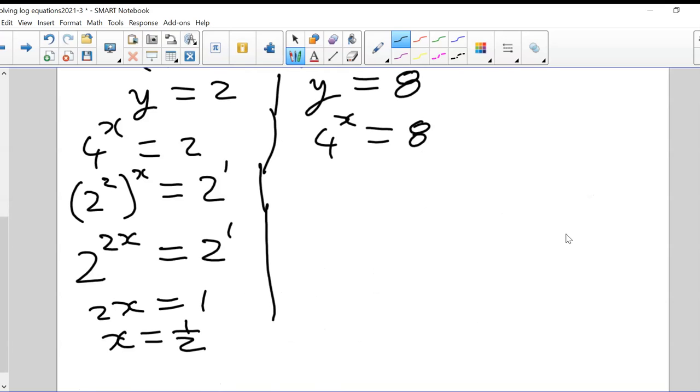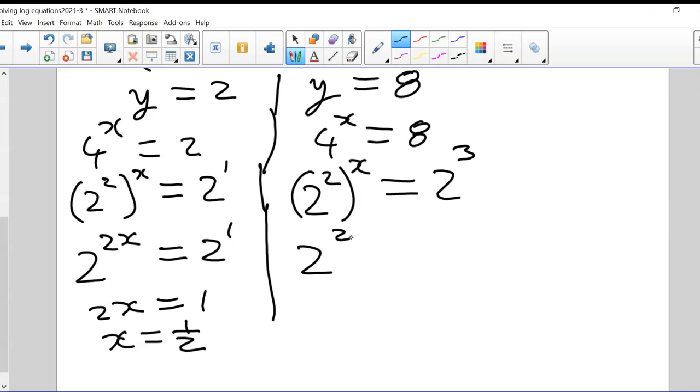Let's see over here. If 4 to the x is equal to 8, what is x? Well, why don't we set them both to have a base of 2 again? So instead of it being 4, I'm going to say 2 to the power of 2 to the power of x. Instead of it being 8, I'm going to say that this is 2 to the power of 3.